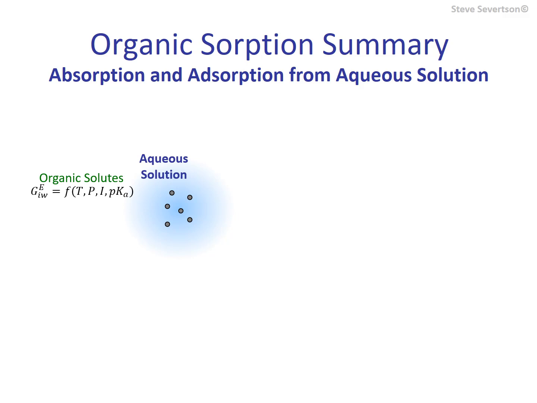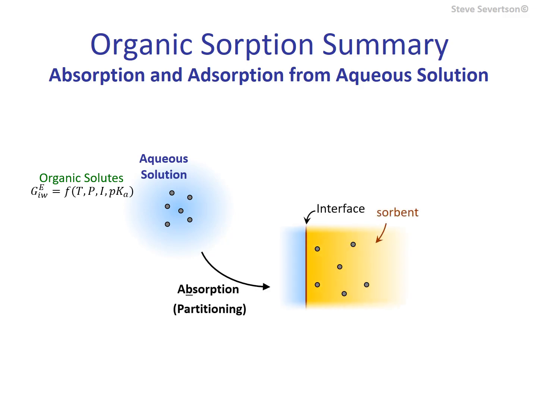For adsorption, which we will use interchangeably with the term partitioning, solutes move into the bulk of the solid phase. It is assumed that this is analogous to the partitioning between water and an organic phase, where the free energy of transfer is the difference in the solute's excess free energies in the phases, a value often dominated by the free energy associated with the solute's movement out of the water. This observation helps explain the success of linear free energy relationships.